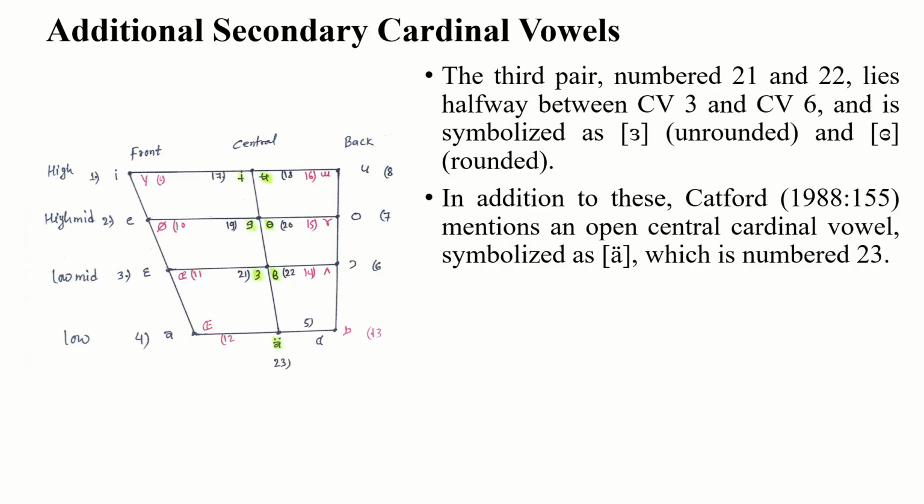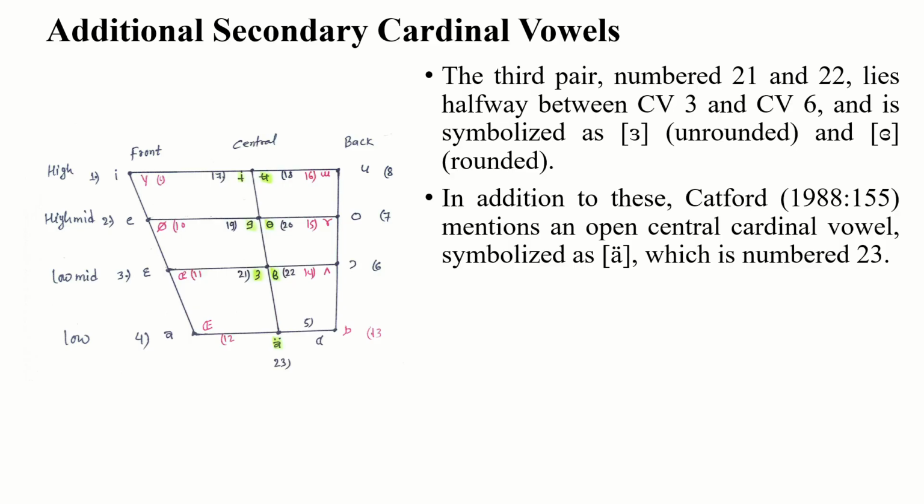So primary cardinal vowels and secondary cardinal vowels. Primary cardinal vowels are from 1 to 8, and secondary cardinal vowels 9 to 16. And again, secondary also has two types. One is just secondary, next one is additional secondary. And additional secondary are 6 in number, and there is also another one.